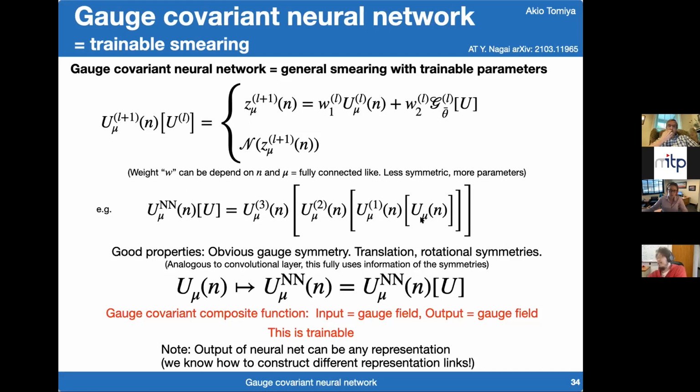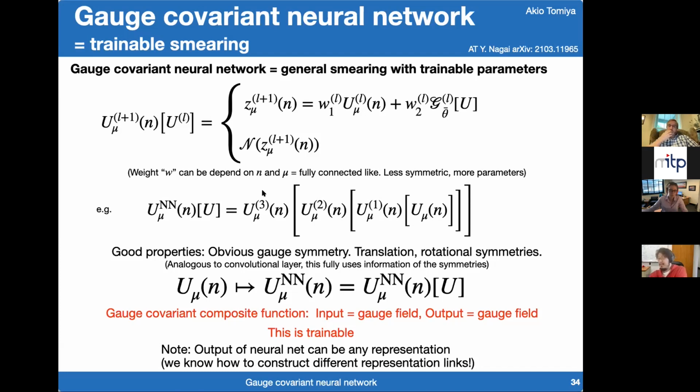We can use it in this way: U is the thin link and input to some smearing, and then input to this another smearing. Then we get a slightly modified, or smeared, gauge link as an output of the neural network.